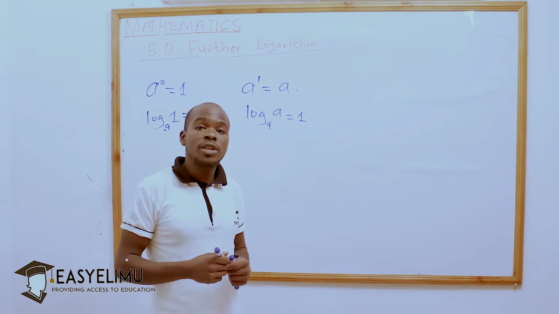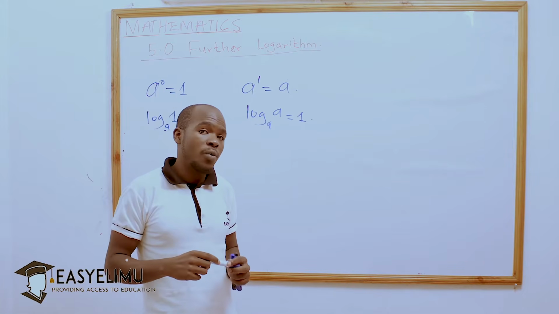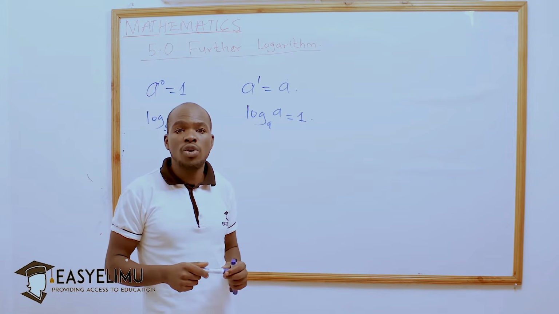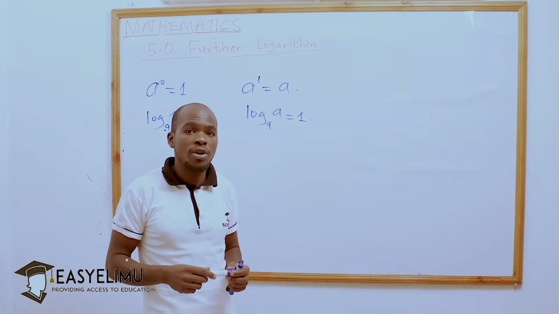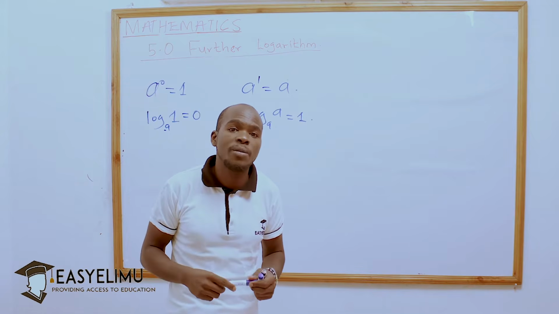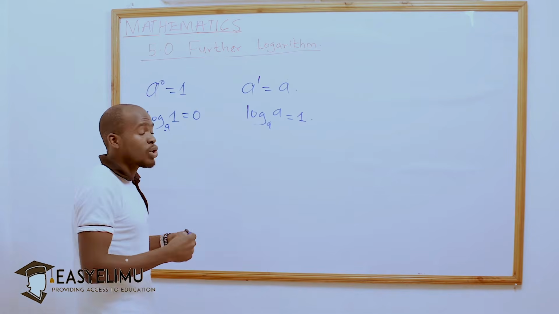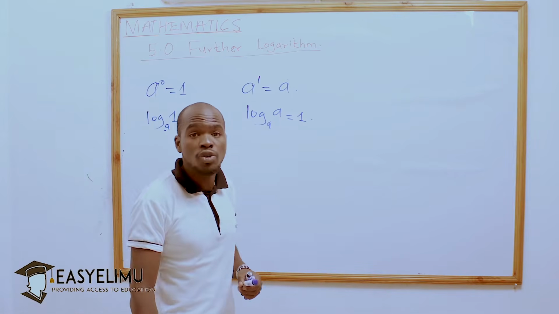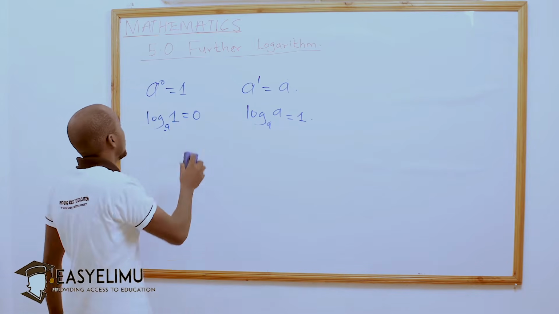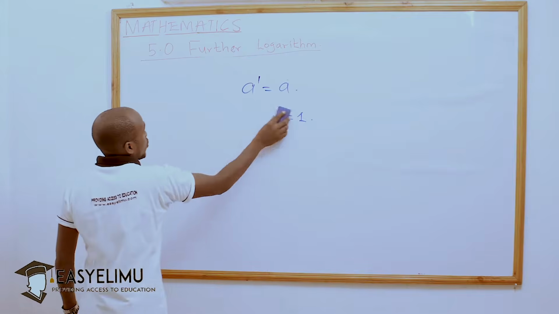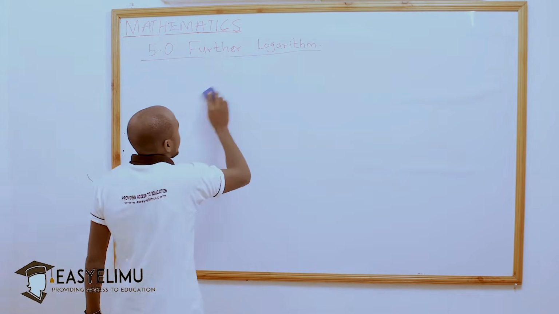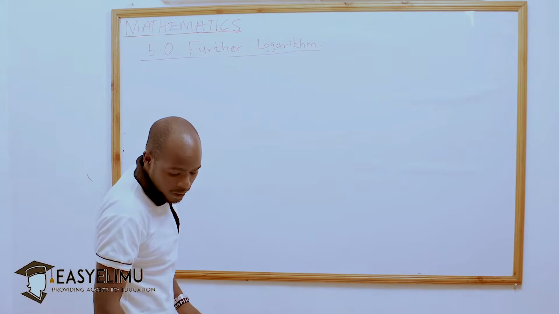Using mathematical tables, I remember we worked on it in Form 2, so I do recall that you know how to solve using mathematical tables. So today I shall introduce you to how to solve logarithmic problems using calculators.